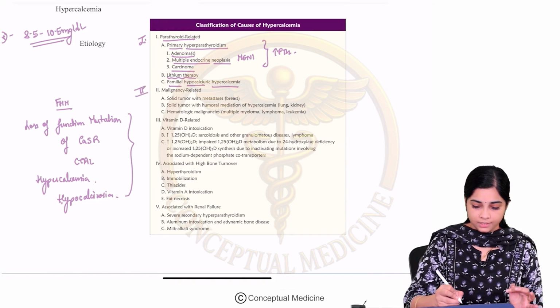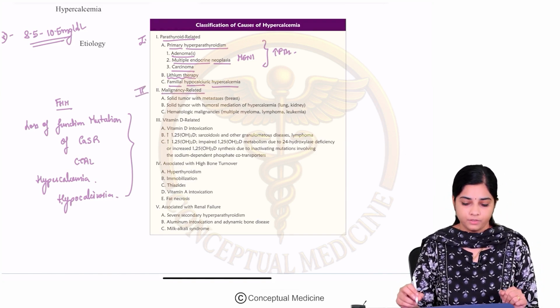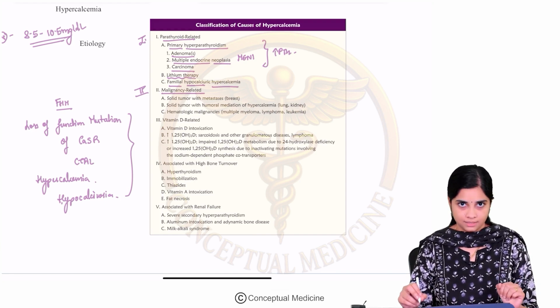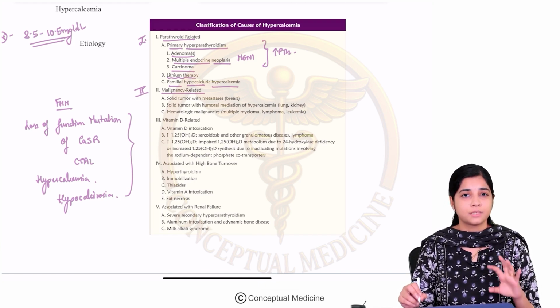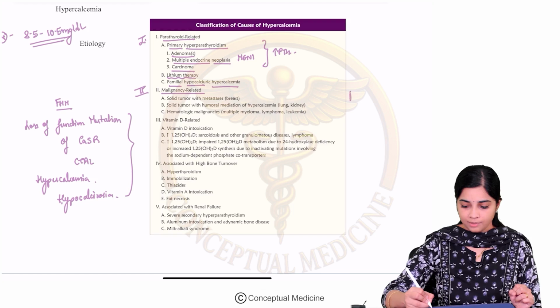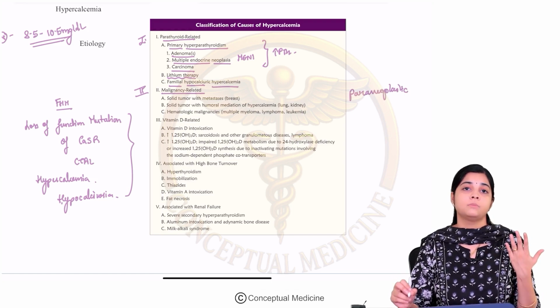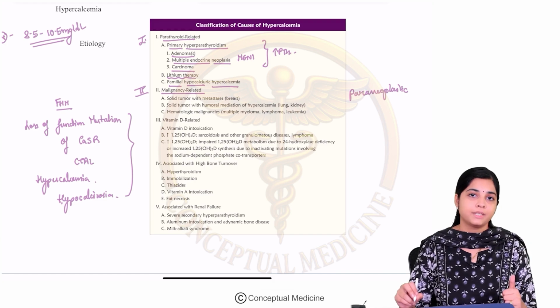Second, the very important and more common one is malignancy related. So what are the types of malignancies which cause hypercalcemia? We know that most malignancies are associated with a specific syndrome called paraneoplastic syndromes. Amongst the most common metabolic paraneoplastic syndromes is malignancy mediated hypercalcemia.